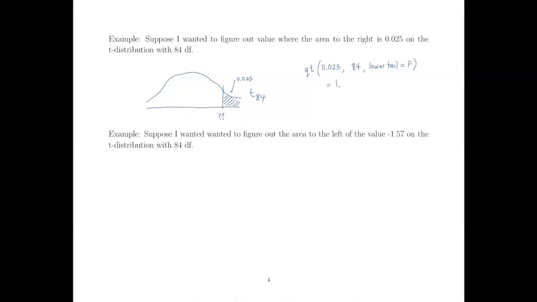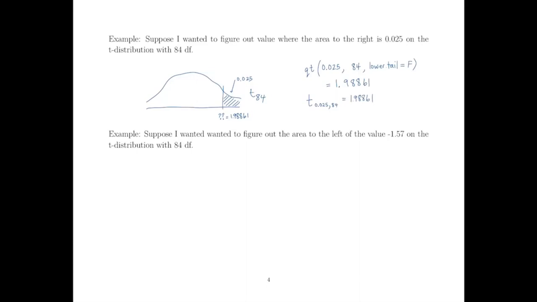Hold on, I've lost the number, 1.98861. So that's this value here, the value that falls on that distribution. If I wanted to write that in the notation, we could say the critical value t, with the area to the right 0.025 and 84 degrees of freedom, is equal to 1.98861.